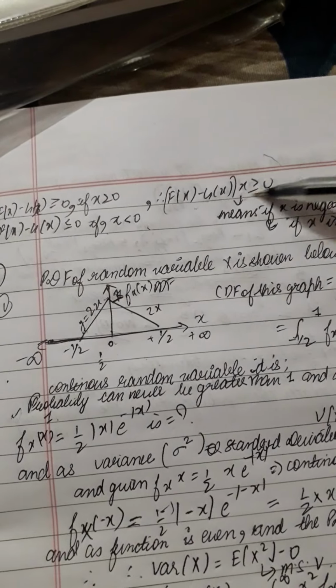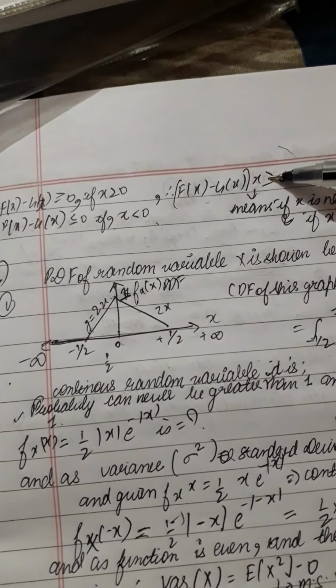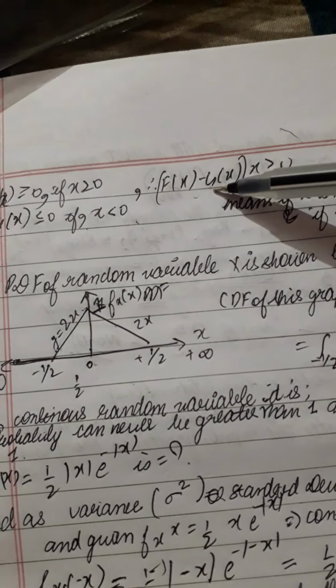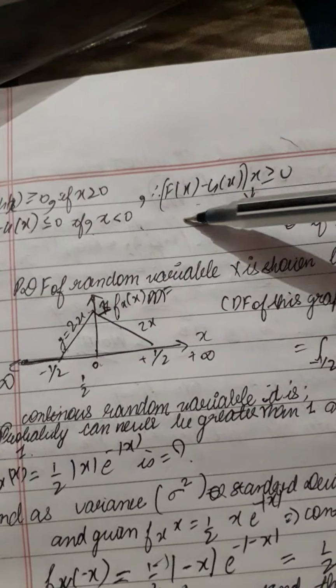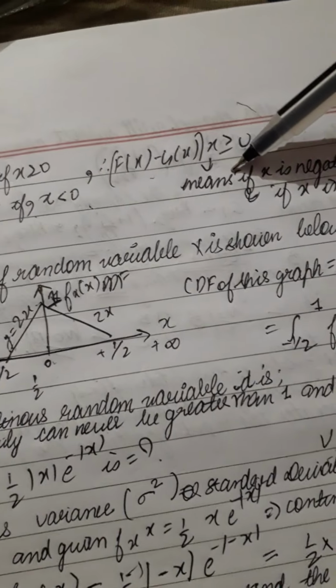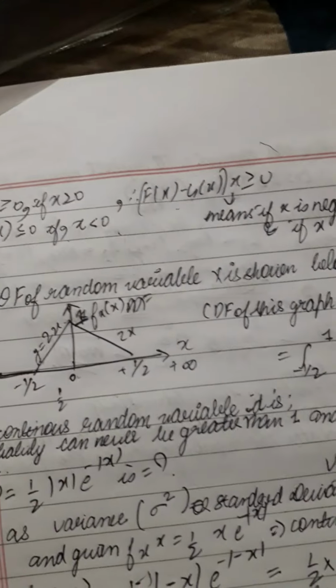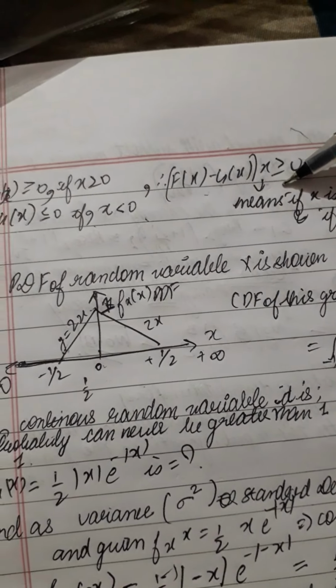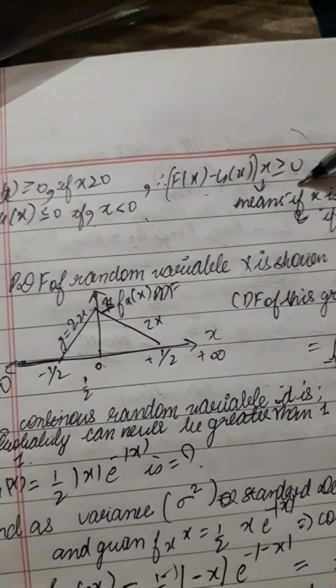So simply we'll multiply x with this equation, like x fx minus x into gx, and see what happens. If the x value is positive, then fx minus gx will ultimately come out positive.